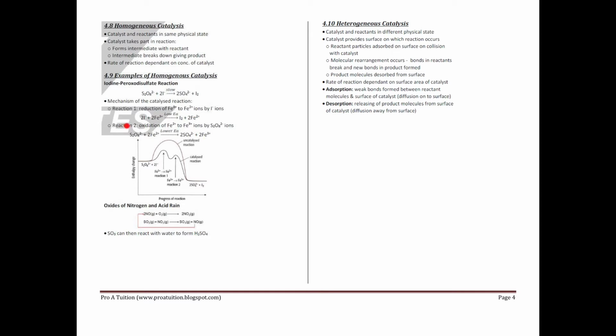Reaction 2: iron 2 ions are oxidized to iron 3 ions by S2O8 2-. The other reactant reacts with iron 2, forming sulfate and iron 3. This has a lower activation energy, Ea, which means it is fast, and the other is slow. So this is the rate determining step, and this is the fast step.